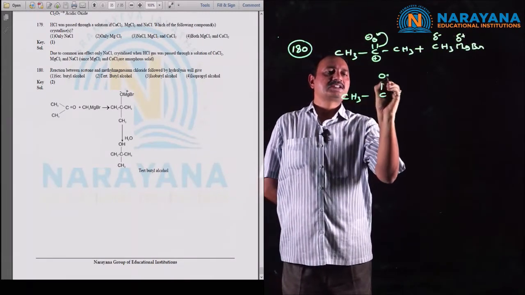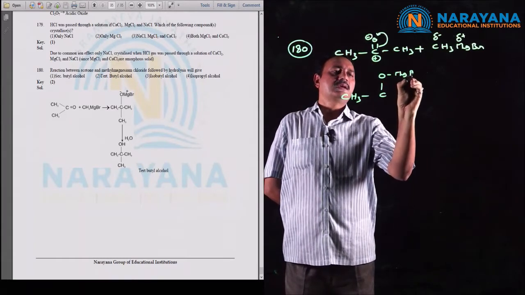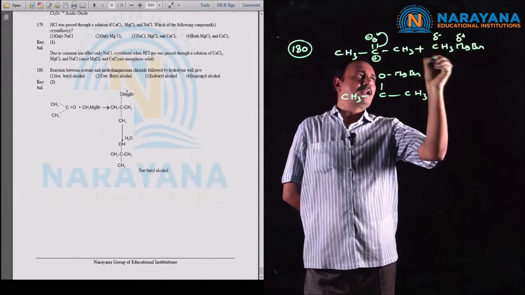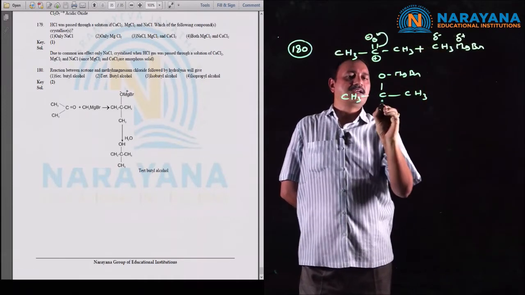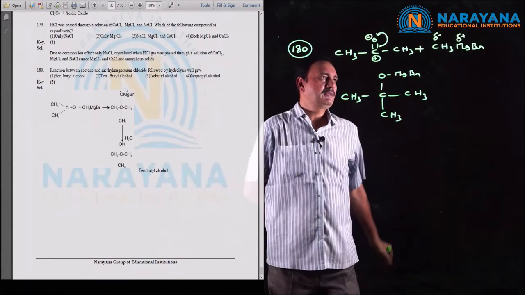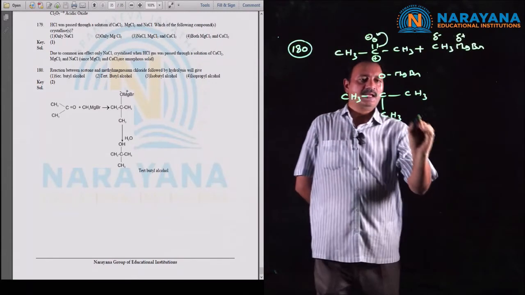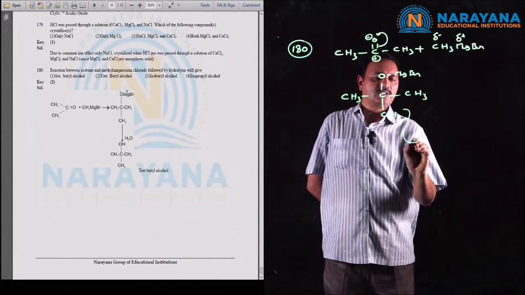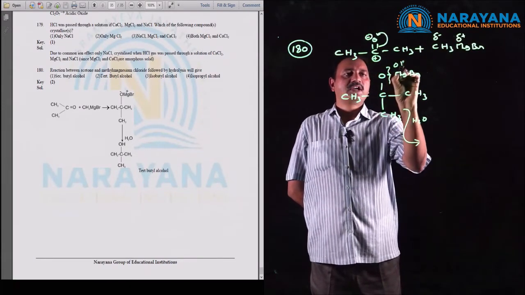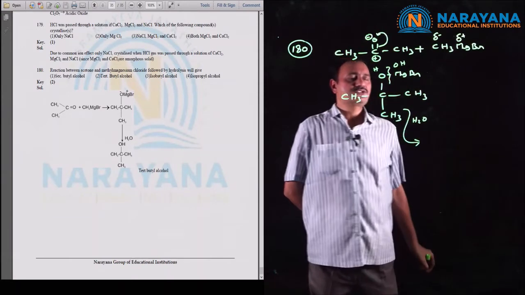In Grignard reaction, the magnesium bears the partial positive charge and the carbon atom of the alkyl group bears the partial negative charge. Now this magnesium atom attaches to the oxygen atom which bears the negative charge, which is to be considered as OMgBr. Now the carbon atom of the methyl group, which bears the partial negative charge, attacks the carbon atom which bears the positive charge. This is the intermediate formed, and this has to be subjected to hydrolysis. Now the bond is broken here. OH has to be added here and hydrogen has to be added here.